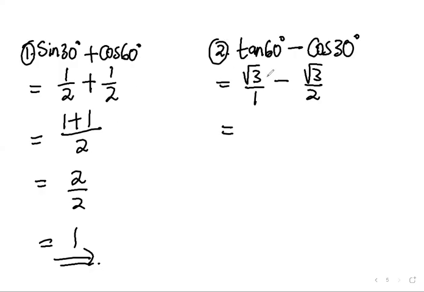So it will be root 3 times 2, that will be 2 root 3. And then you're having a negative sign, you write minus. And then 1 times root 3 is 1 root 3, or root 3, it's the same thing. Let's write it as root 3. Then all divide by 1 times 2, you multiply the denominators, which will be 2.